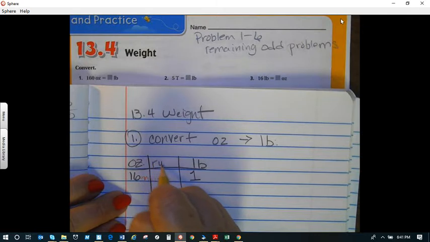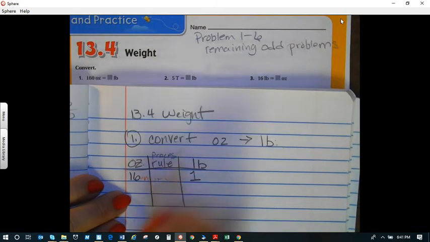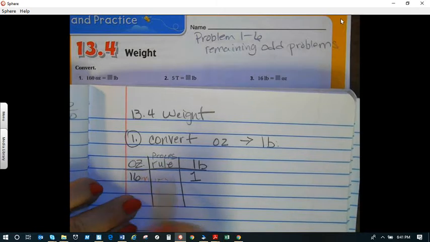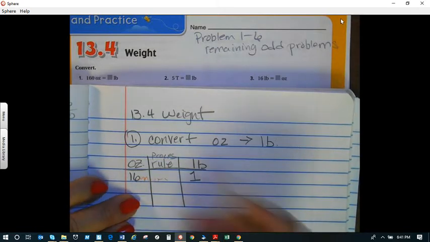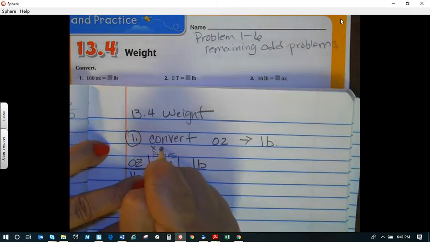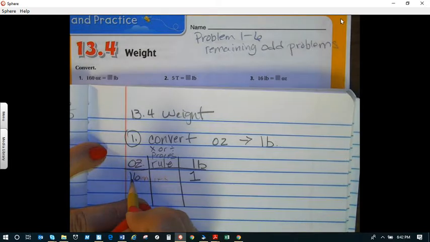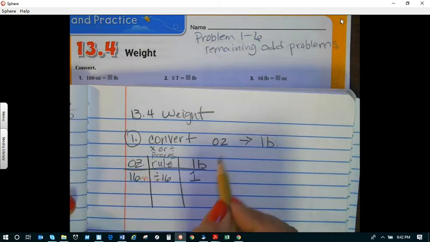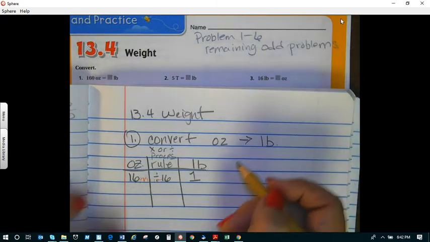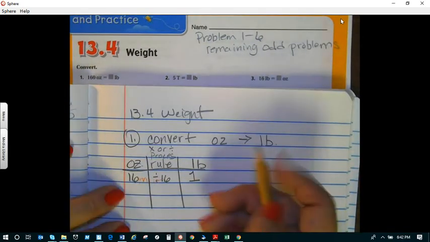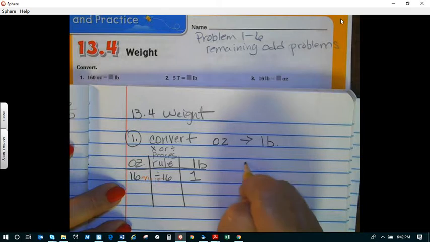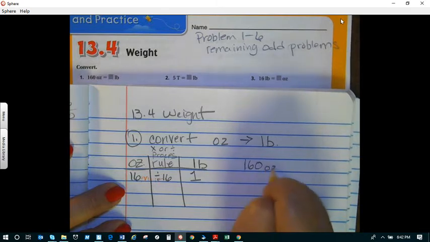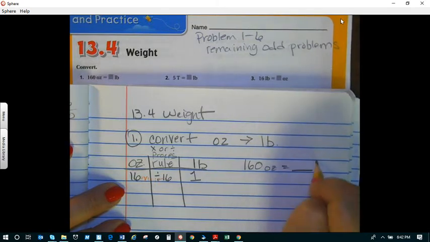I can write the word rule. I can write the word process. So when it goes into the center, 16 ounces comes in, shakes it up, and you come out with 1 pound. Did you multiply or divide? We went from bigger to smaller. I had to divide. 16 goes into itself 1 time. So now my problem is I have 160 ounces is equal to how many pounds?